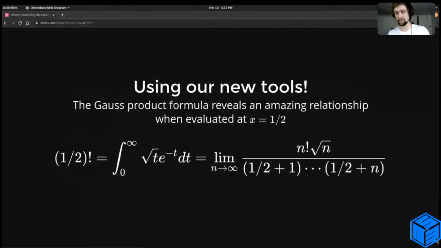So that led him from a hunt here to here. And so now to compute pi as a final goodbye, I guess, a big bang at the end. The Gauss product here, when we plug in a half, we get a half factorial equal to the integral from 0 to all this stuff. It's just replace the x's with halves.